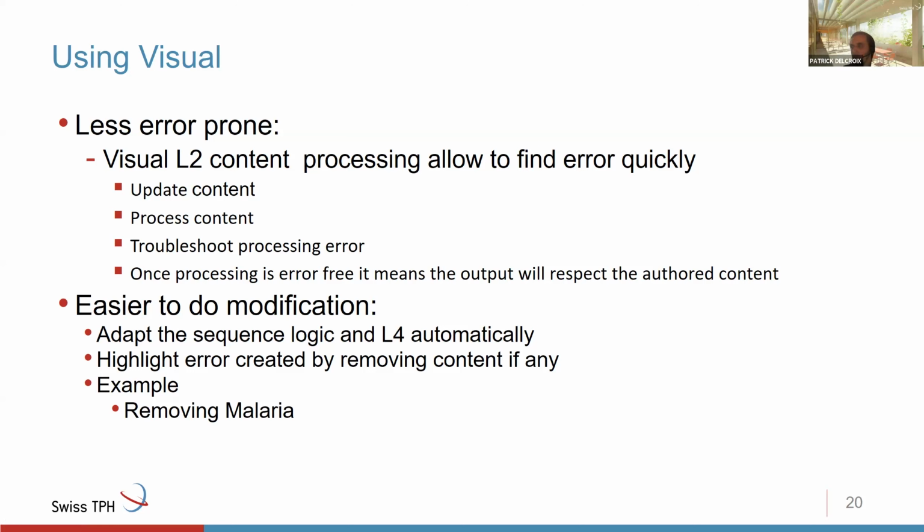So you process it, and it tells you if it can process it. If there is an error, like a missing reference, it will tell you and you can fix it. Also, because it creates content that you can actually test on a tablet or on a website directly, you can make the change, process it, and test it directly without having a specialist doing the conversion.